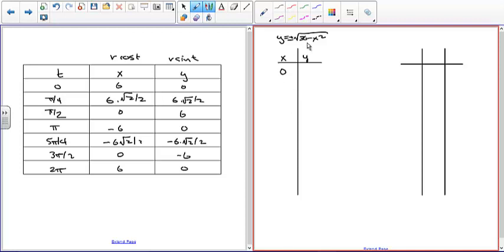And if I plug 0 in for x, I'll get the square root of 36, which is 6, which is that point. And if I put in x equals 6, I'd get the square root of 0, which is 0, so that's that point.